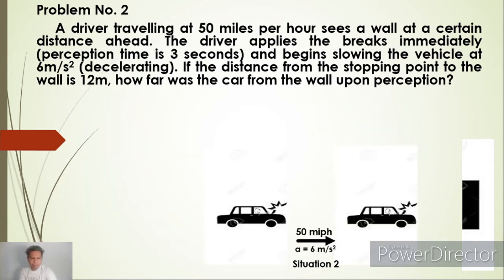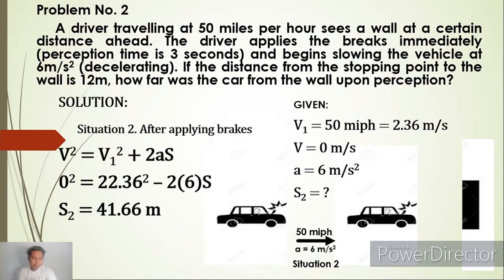Situation number 2. After applying brakes. So, ano yung given natin? The same, we have V1 is equals to 50 miles per hour or equal to 22.36 meters per second. V final. Bakit siya naging 0? 0 siya kasi sinabi ng problem na the vehicle, if the distance from the stopping point to the wall is 12 meters.